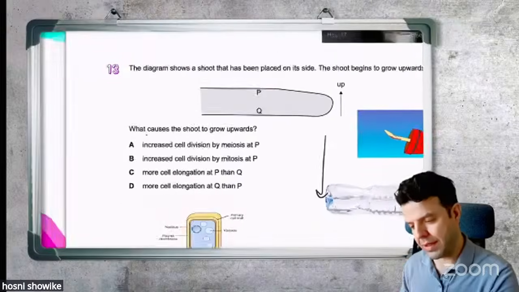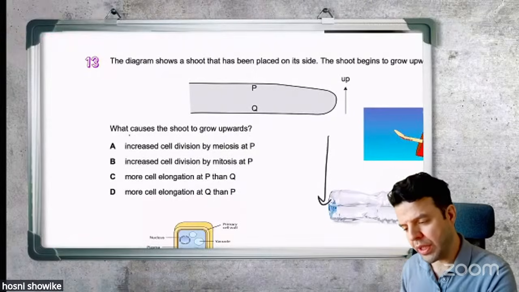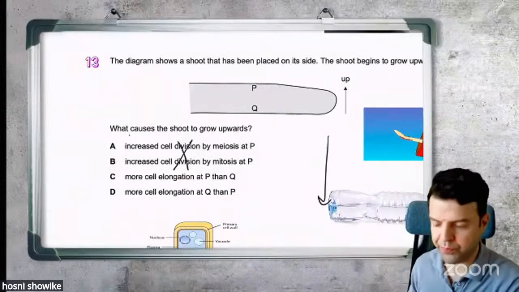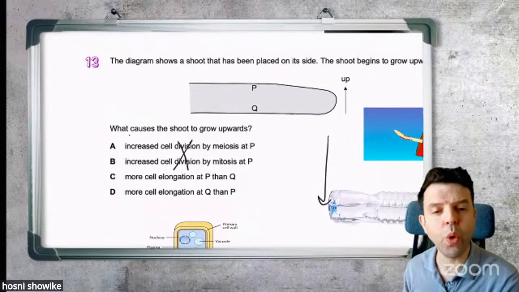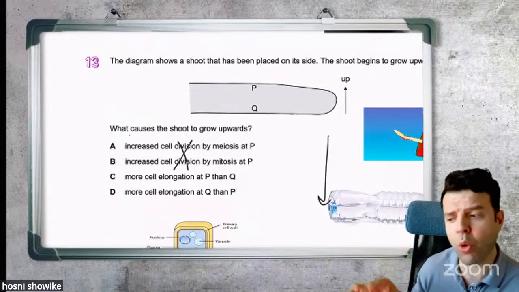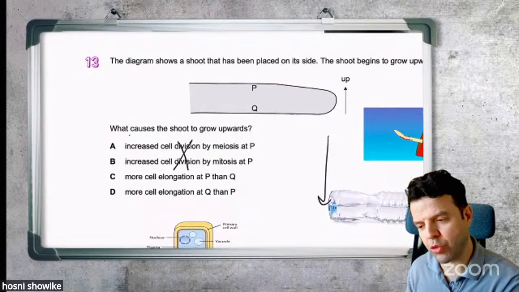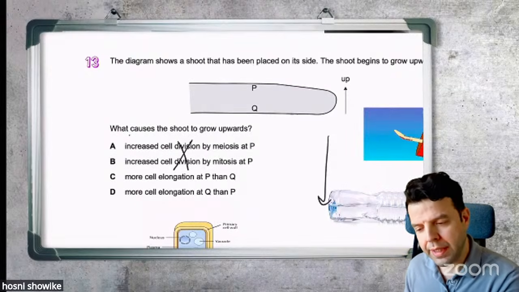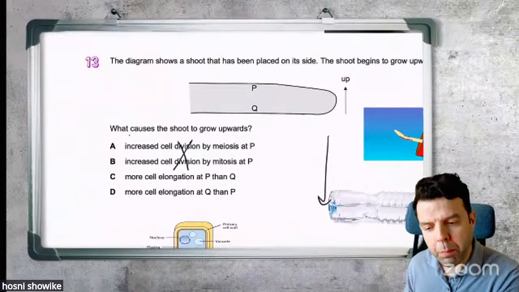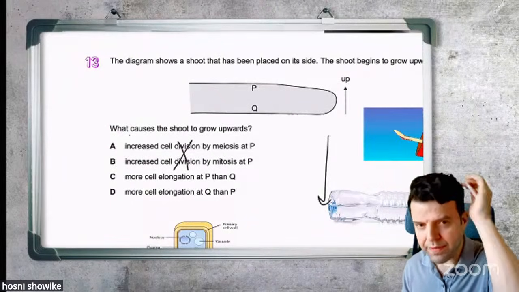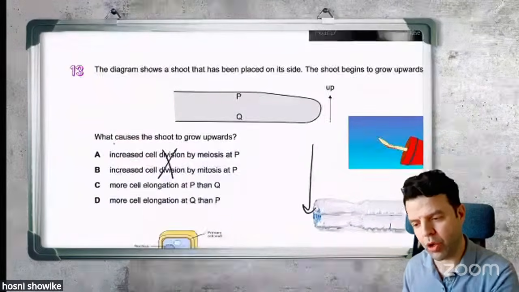And then it starts to go against gravity, just like this. So I have nothing to do here with cell division. It's elongation, but where would you expect elongation to happen more? Is it going to be the bottom side or the top side? It's always the bottom side. Why? Because it has more auxins.